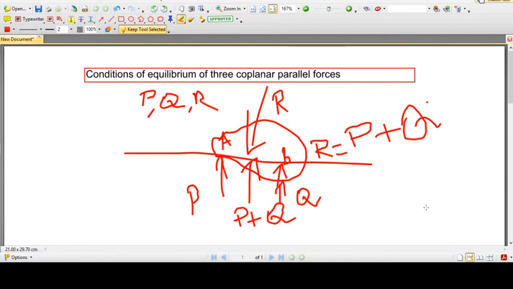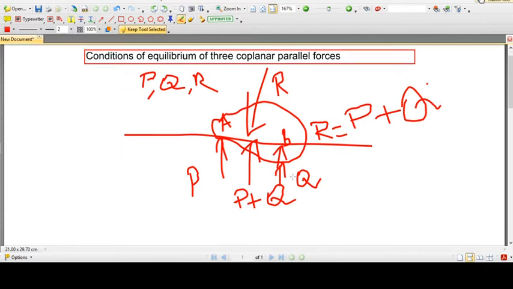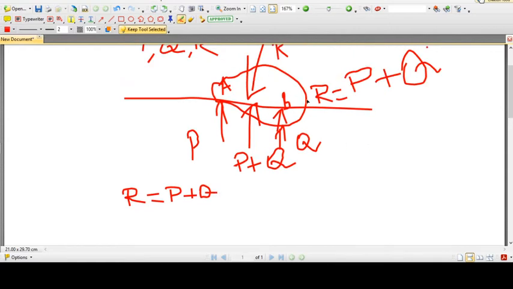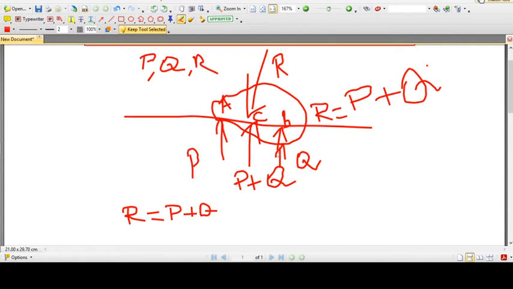That is, R is equal to P plus Q, but the direction of R is opposite to P and Q. Therefore, we get that R is equal to the algebraic sum of P plus Q, acting at a point C. The resultant R acts at the point C.